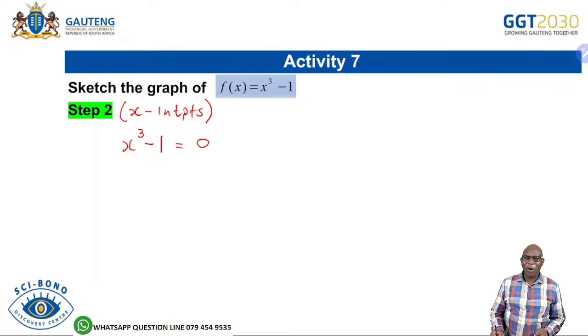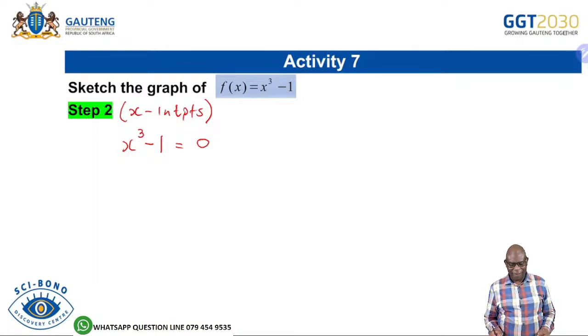So how do I factorize this one? I know some of you can just transpose and get the cube root of both sides, right? But you know the rule of factorizing.